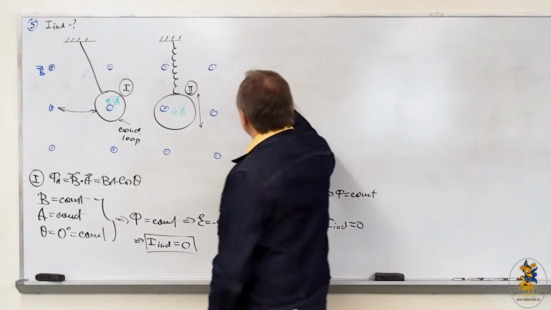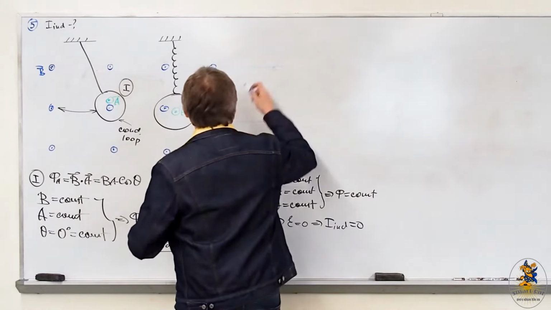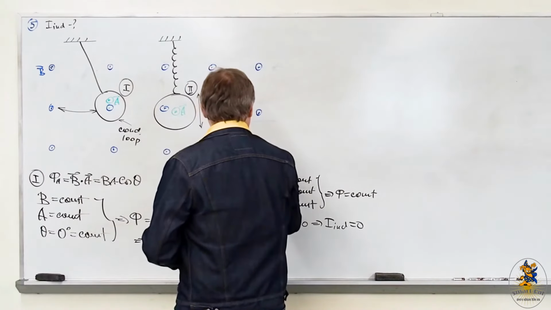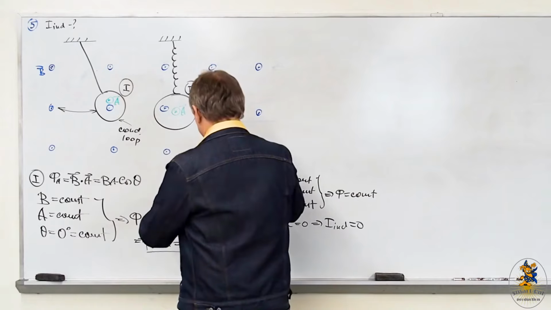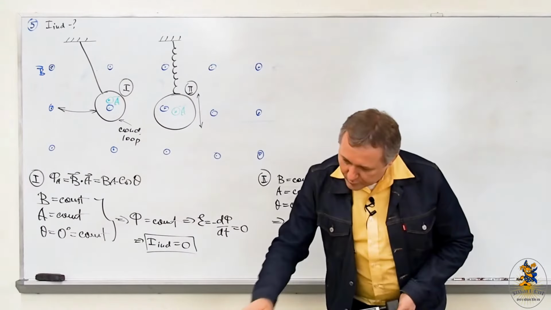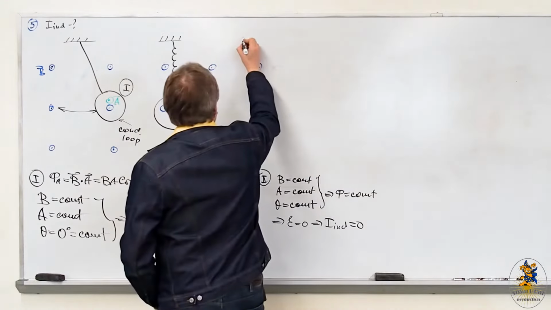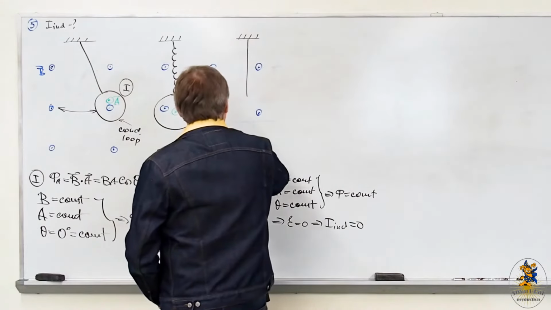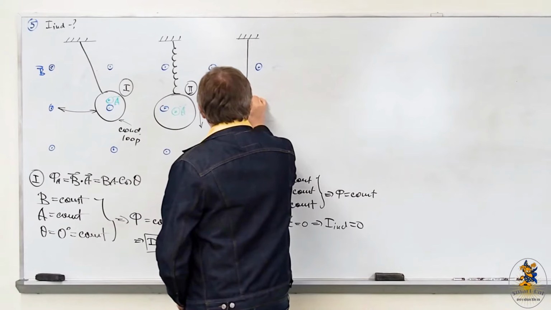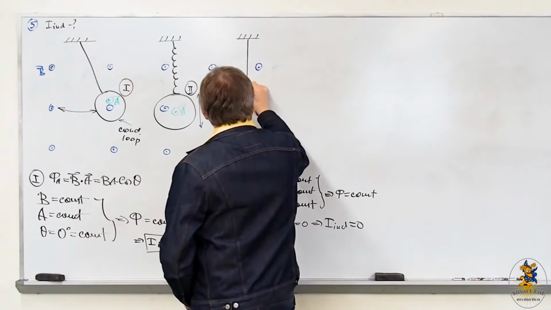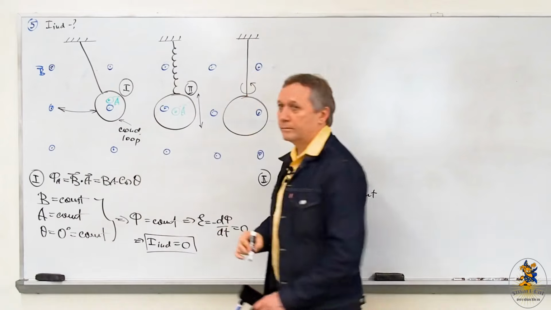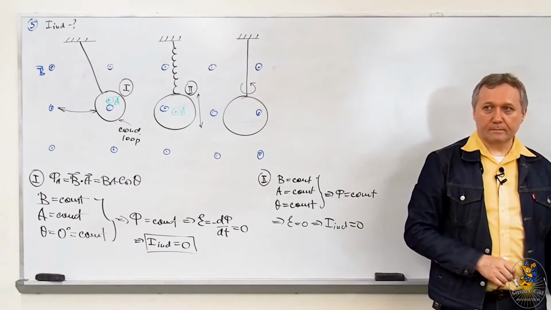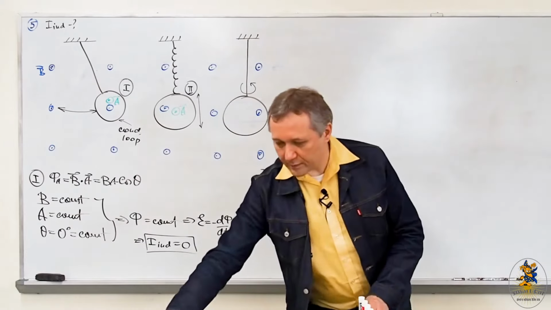Now, the last situation. I'm running out of space for the magnetic field. Okay, so let me extend my dots. Which way did I draw it? Okay. Now, again, there is a ceiling. And now we have this loop, and we are spinning it around the vertical axis. So essentially it's like this.